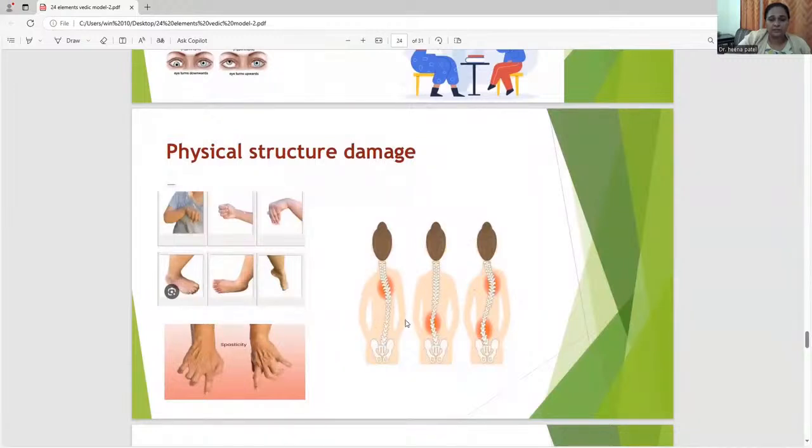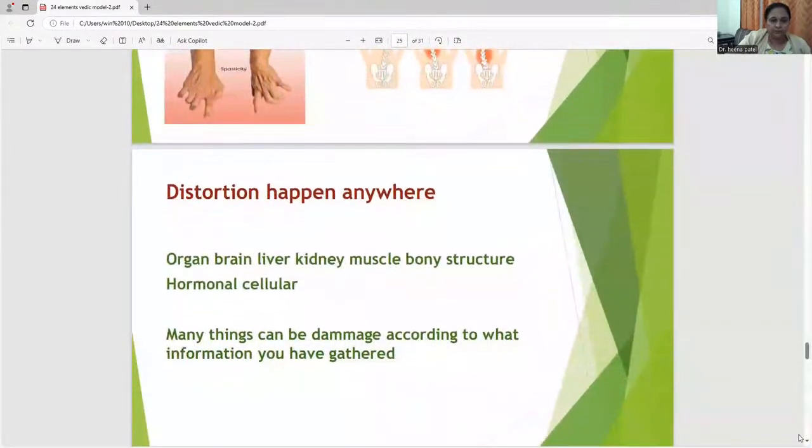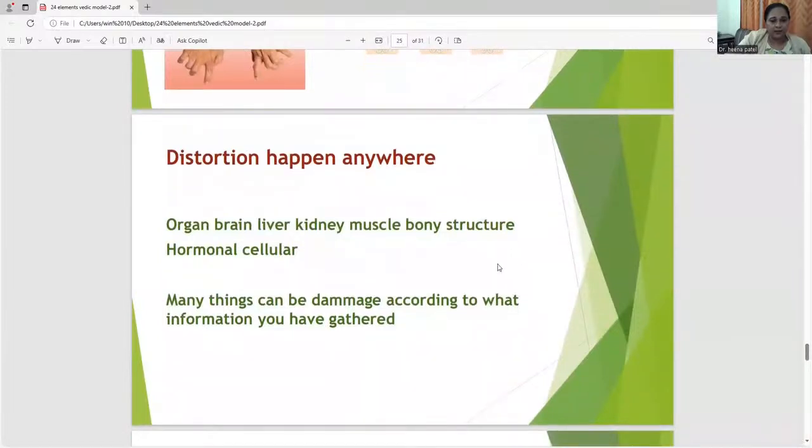This is just for information, but it is also possible that force can change your physical structure even if you are having more distortion in your 24 elements Vedic model. Distortion can happen anywhere: organ, brain, liver, kidney, muscle, bones, hormonal, cellular, structure. Many things can be damaged according to what information you have gathered, which I have already discussed with the picture.